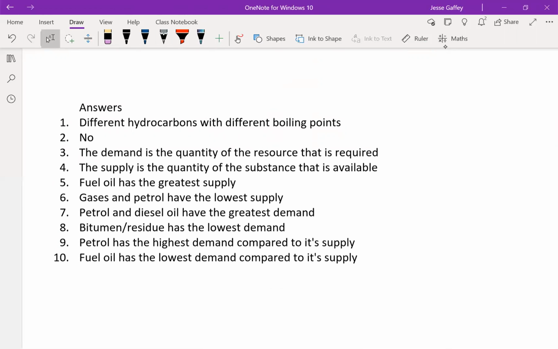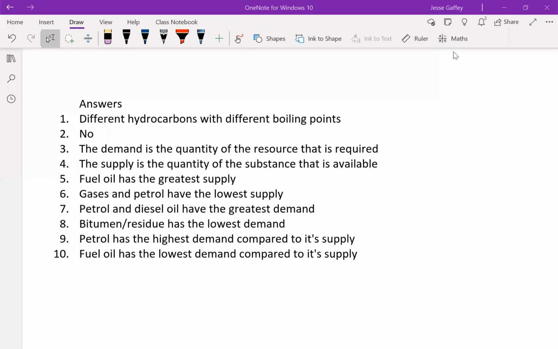So pause the video and make any corrections that you require. Okay, so well done if you got those correct. This video has been about the supply and demand of the different fractions in crude oil. So just a quick recap, we learned that the fractions in crude oil aren't available in equal measures. So they don't come in equal proportions.